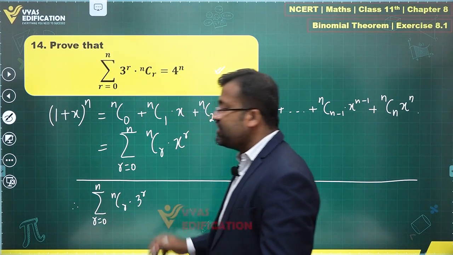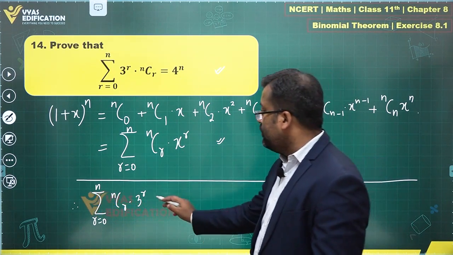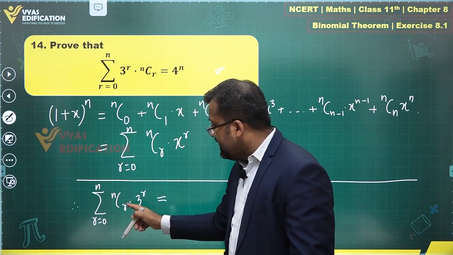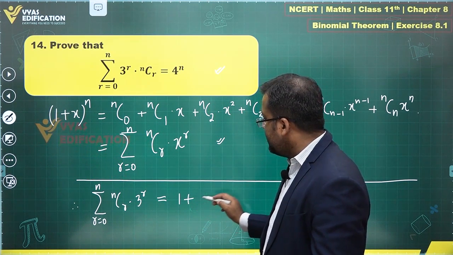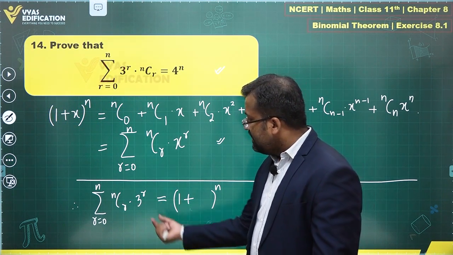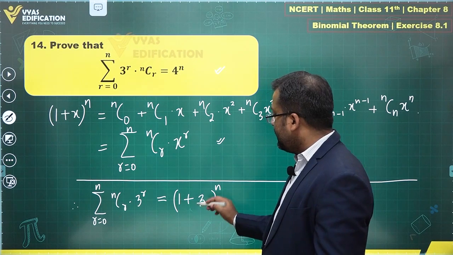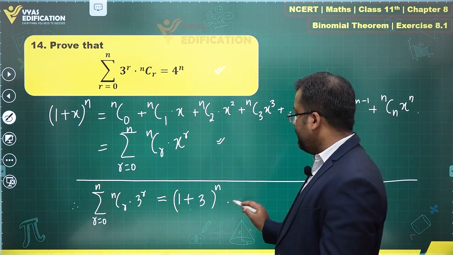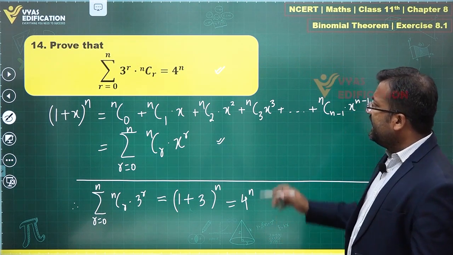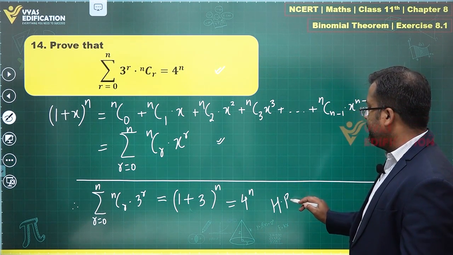Therefore, this expression is actually equal to (1 plus x) power n. This is 1 plus something power n, and that something is actually 3. This becomes (1+3) power n, which is equal to 4 power n. Yes, that's the RHS, hence proved.